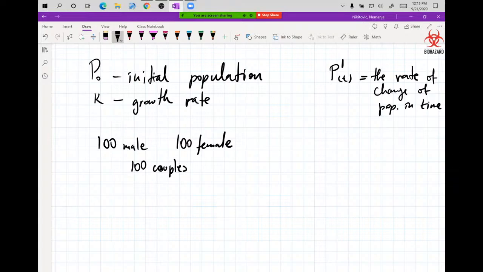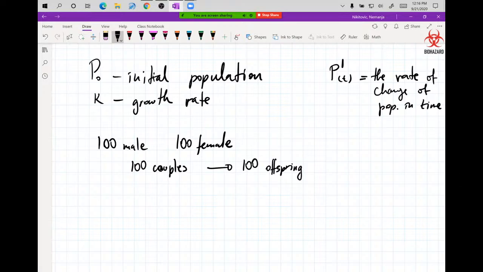And if you have 100 couples, they're going to produce 100 offspring. I'm going to use the word offspring because you can think of this as rabbits or people, I don't care. Obviously, rabbits have way more than one, but let's say it's just limited to one.